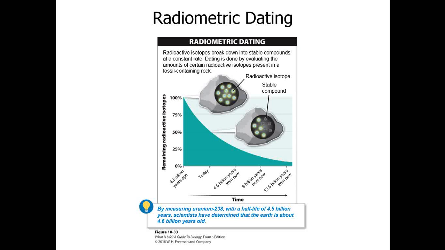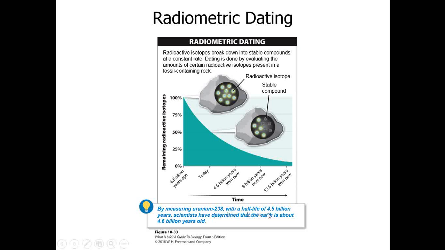And so even if the law of superposition gets compromised, I suppose, like if we had an upheaval of a mountain range or something like that, and the fossils get all displaced, and so the oldest ones aren't on the bottom anymore, we can still use radio dating to tell how old they are. In this case, they're using uranium-238.